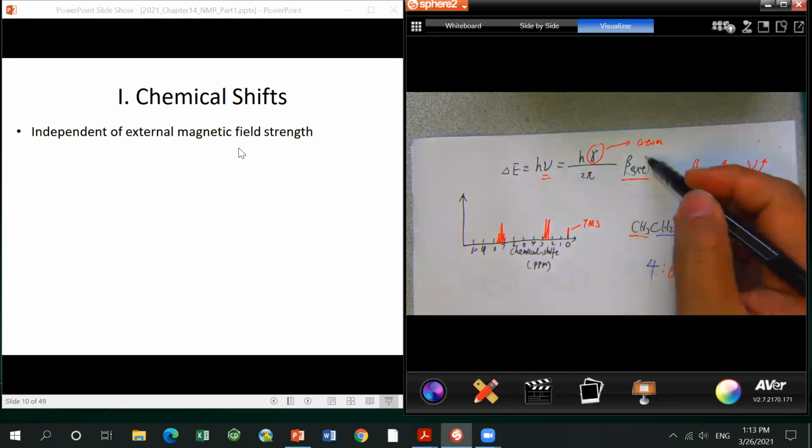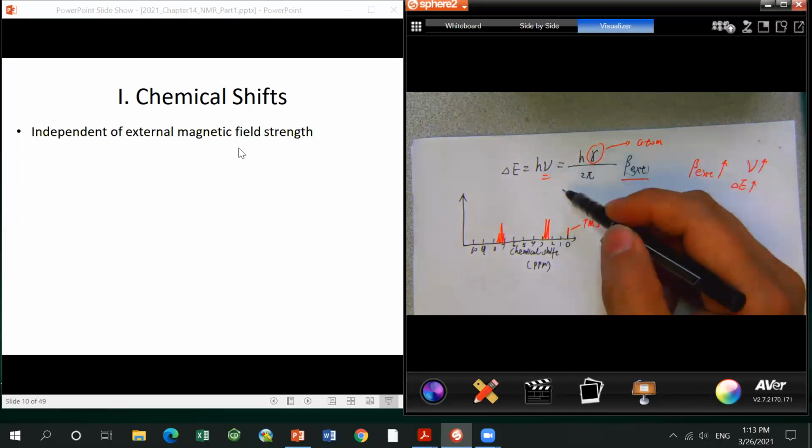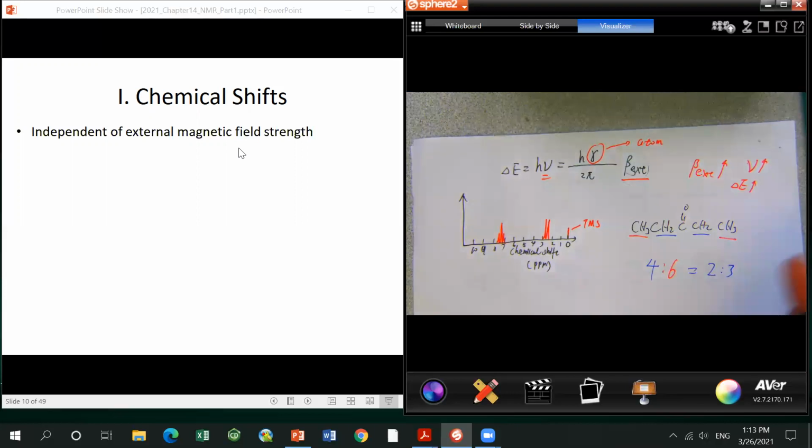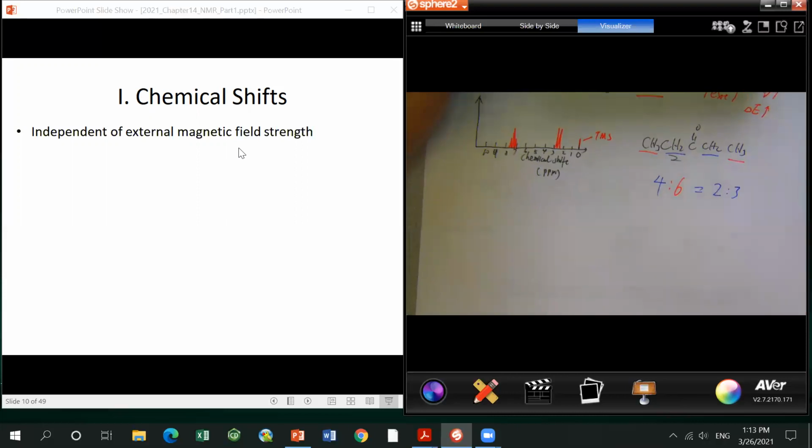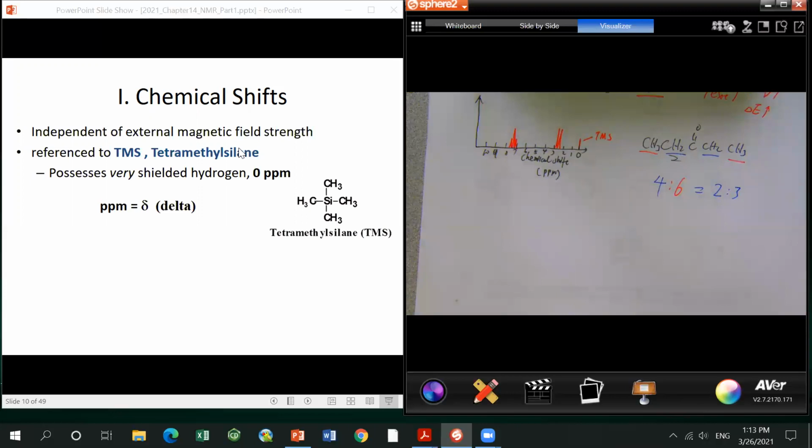If you go lower, say 160, this one will be lower. So for the same proton, a different instrument will show a different chemical shift. That's quite messy. But we can use a certain equation to convert all the frequencies into a chemical shift. That makes the same proton show the same chemical shift, even on a different instrument.